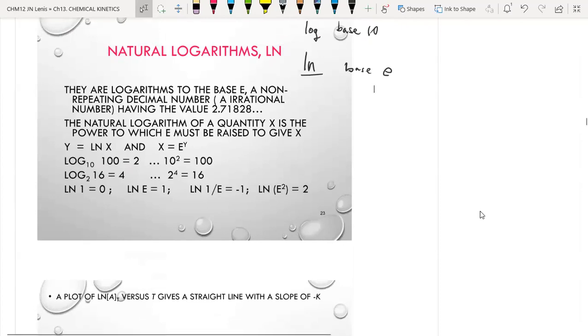Let me write that down here because it's important to keep focus on why we are doing things and what our goal is.